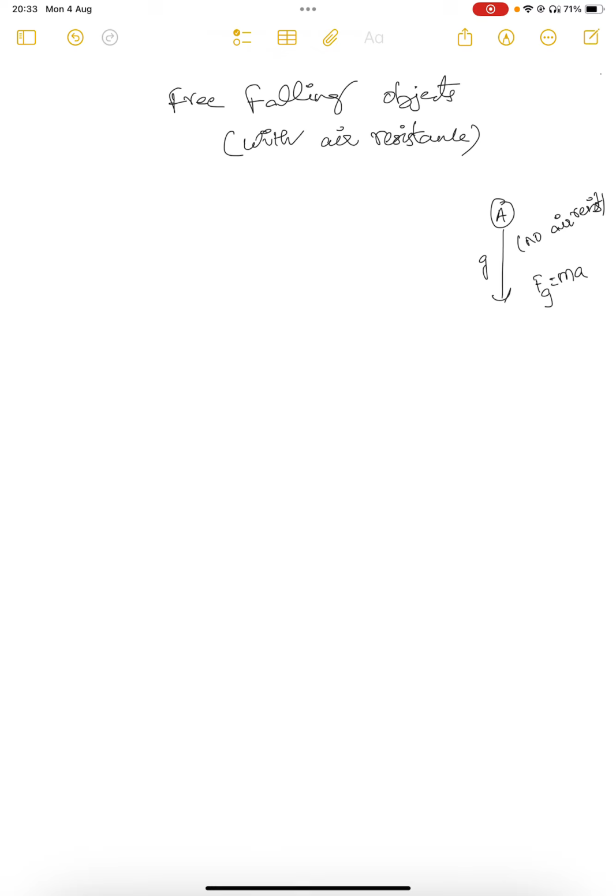If there is an external force, the force which resists its motion, then we need to add it to the equation of motion. This will not be the case here, so this is simpler.